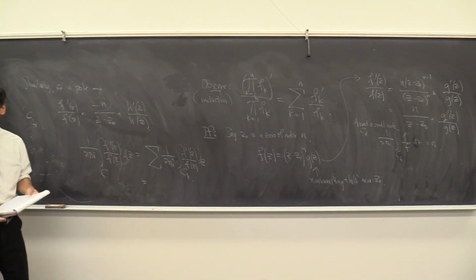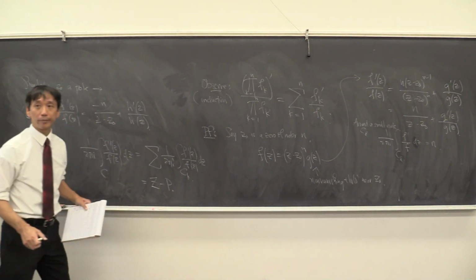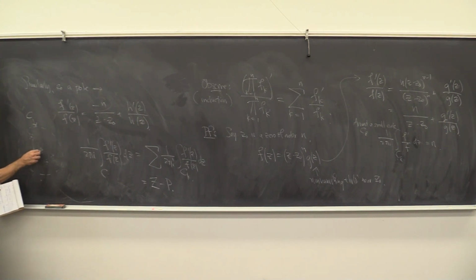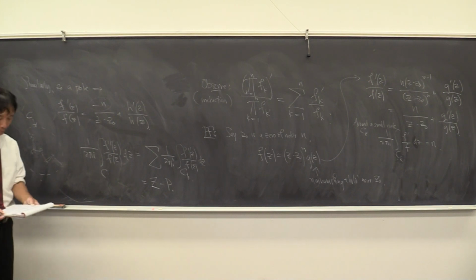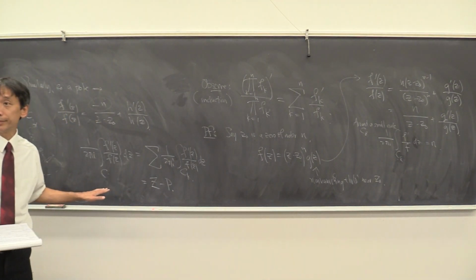But that's just going to give you the total number of zeros minus the total number of poles. You do some sort of keyhole argument. You make some passage, et cetera, et cetera. Is that clear? Is that all right? Any questions?